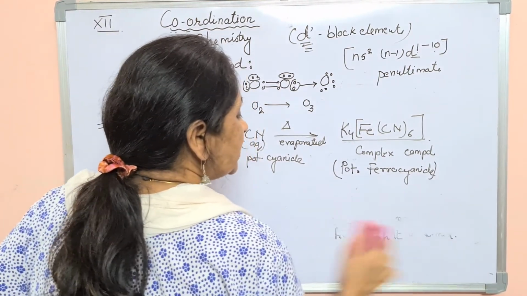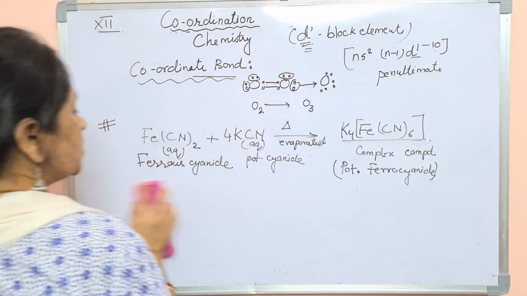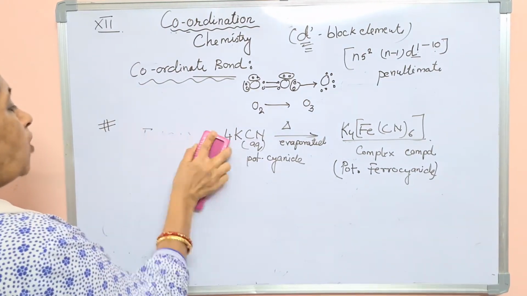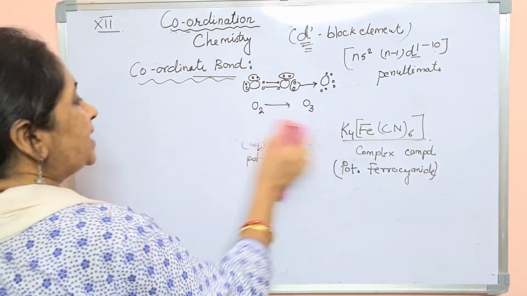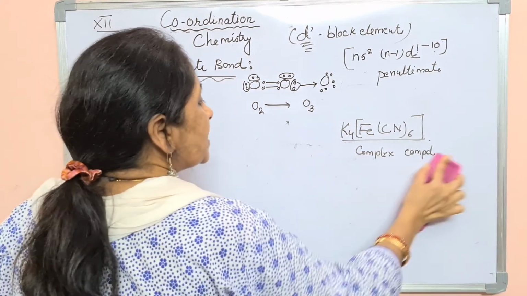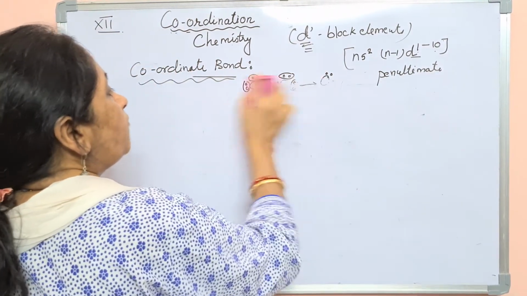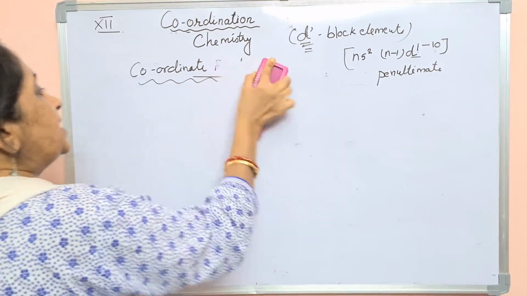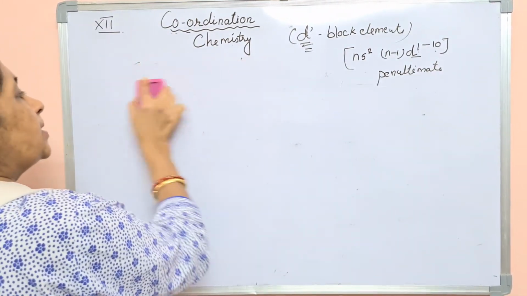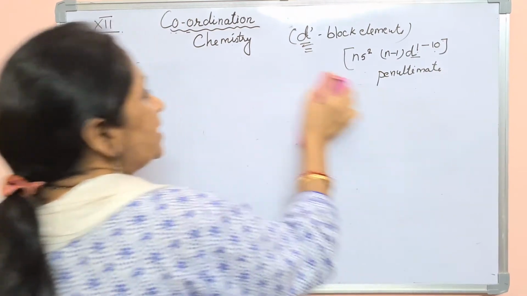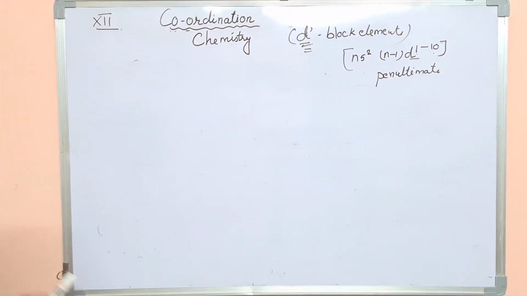Now we will see the structure of this complex compound: how many components are present in it and how they are attached, and what are the essential components present in this coordinate compound.